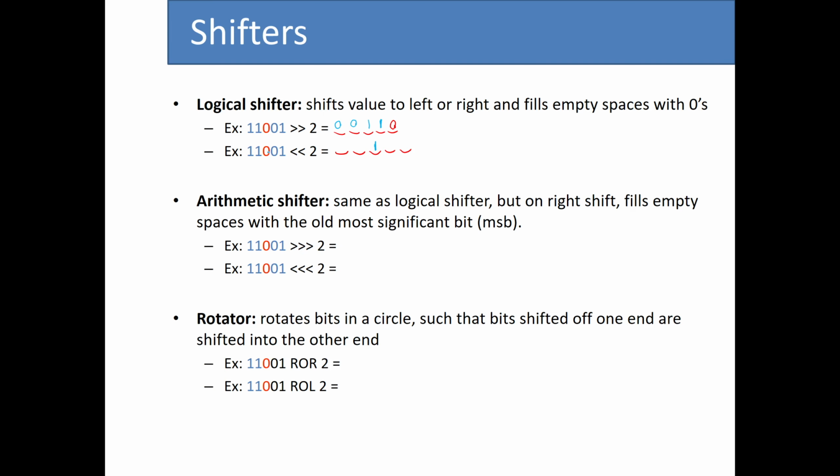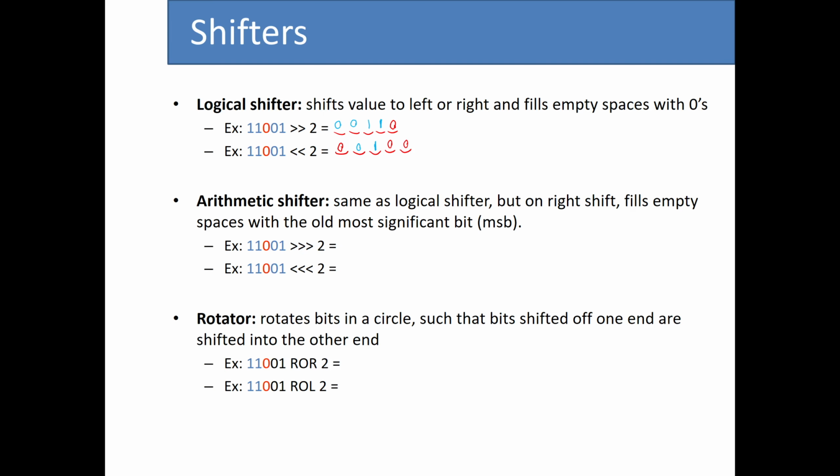This 0, if it's shifted 2 places to the left, is going to be on the fourth bit. And this 0 bit, if it's shifted 2 places to the left, is going to be on the fifth bit. Again, you see we have 2 empty places that we fill with zeros. So this is the logical shifter.